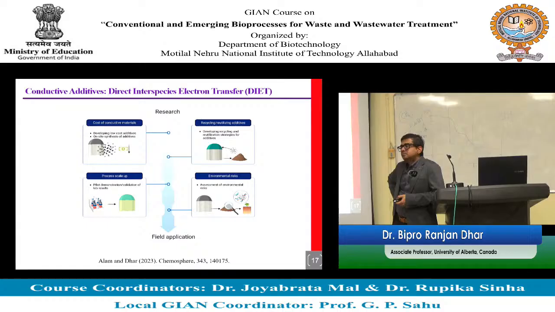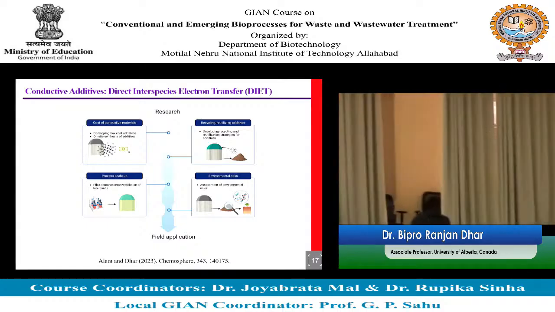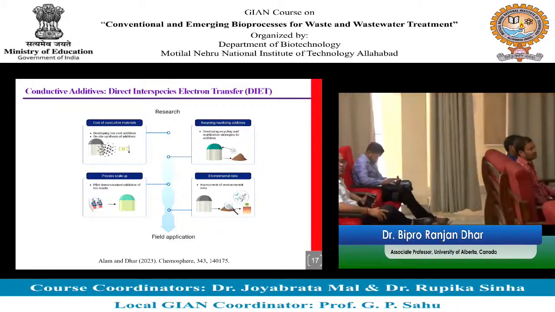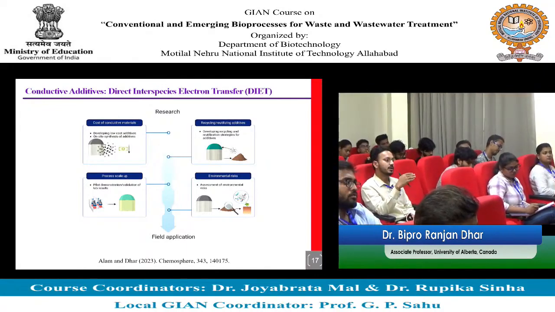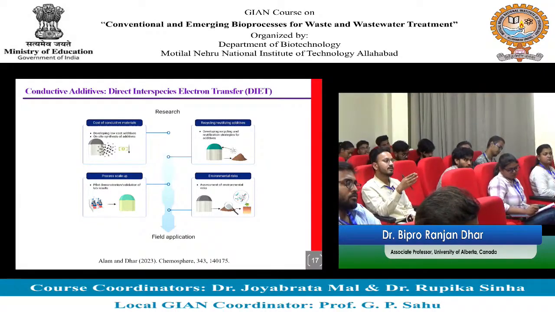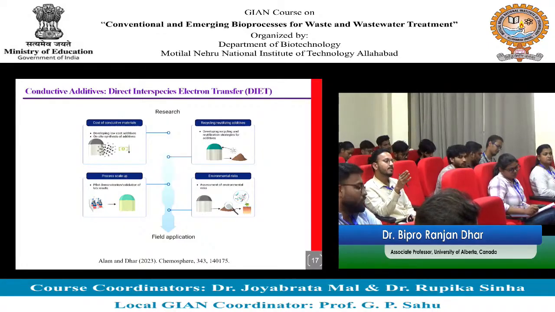In yesterday's session you talked about microbial electrochemical technologies. So this technology, DIET, which is direct interspecies electron transfer, would be helpful in overcoming the challenges in microbial electrochemical systems, because here we see that the efficiency of electron transfer is significantly increased. Can you apply the system in the anodic chamber of the MFC unit to see the efficiency improvement?